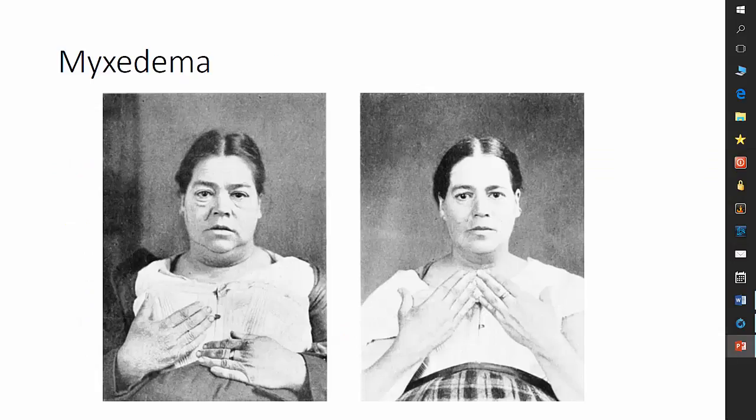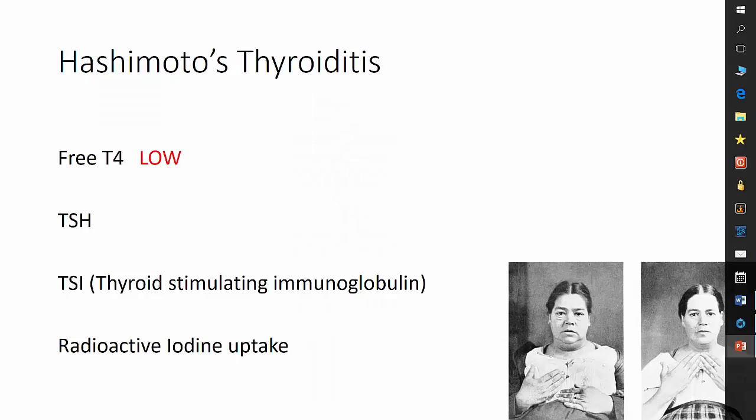In this slide, we see a picture of a patient before and after treatment. Hashimoto's thyroiditis is an autoimmune disorder in which the antibodies attack and destroy the thyroid. These antibodies are not the same as the antibodies that cause Graves' disease and can be tested for.